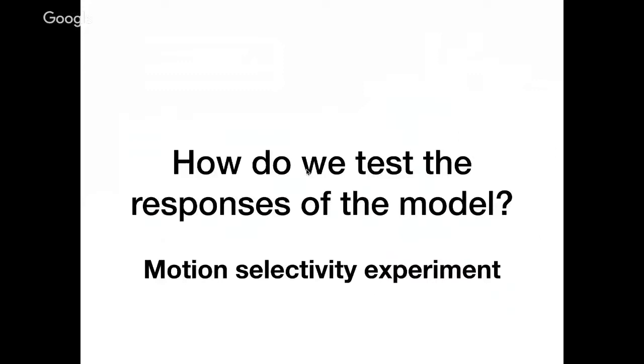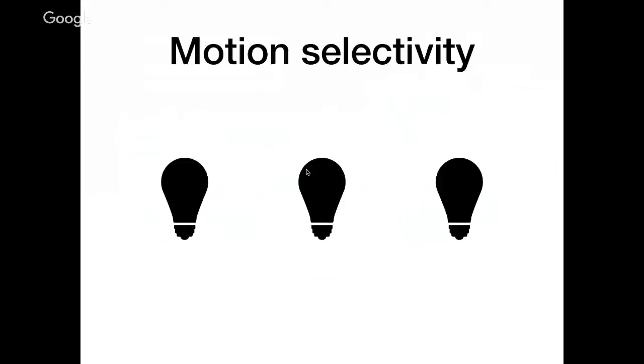To get an idea of what motion selectivity is, you can think of having 3 light bulbs, where I would light the light bulbs up in a sequence, and currently they're all off. So for example, you see a light bulb lighting up, and the light bulbs lighting up in this sequence.